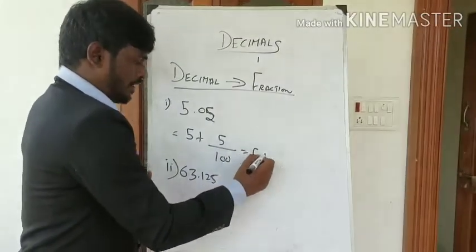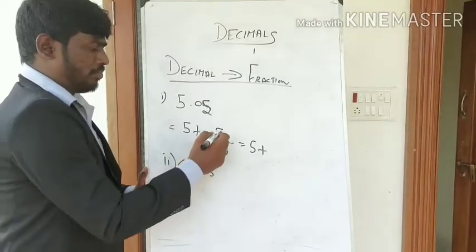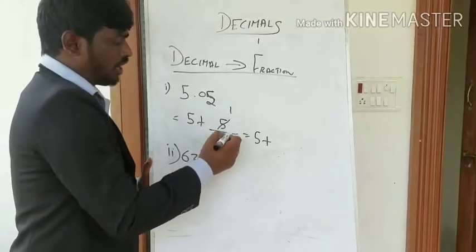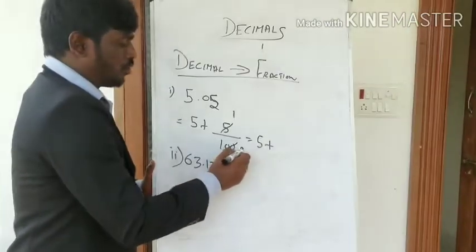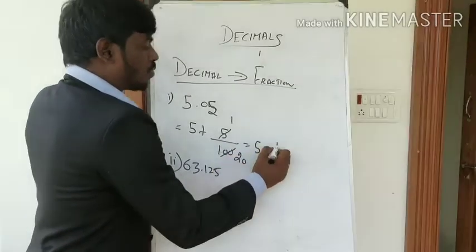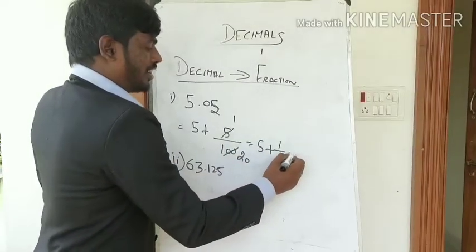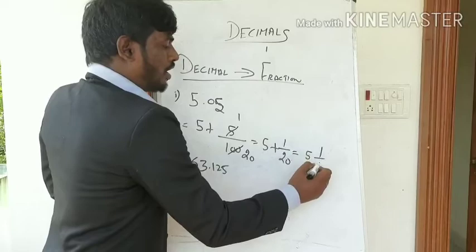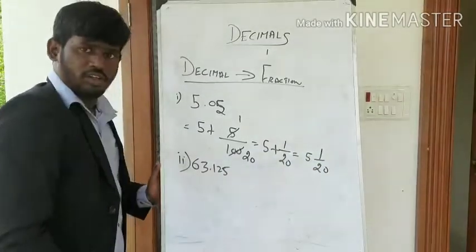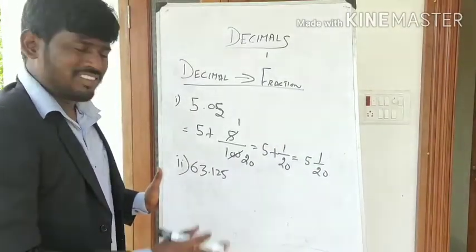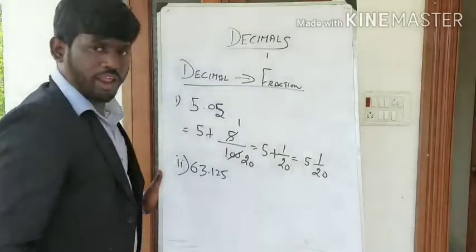Then 5 plus, I am going to cancel this 5 by 100. 5 in 5 table 1 time, 100 in 5 table 20 times. 5 plus 1 by 20. So you can write it as 5 1 by 20. This is the form to write decimal as fraction.